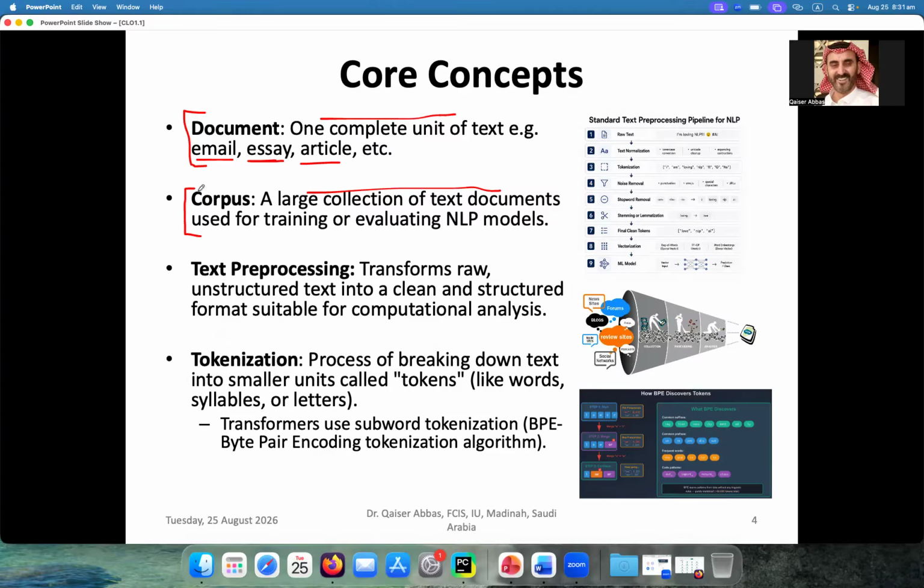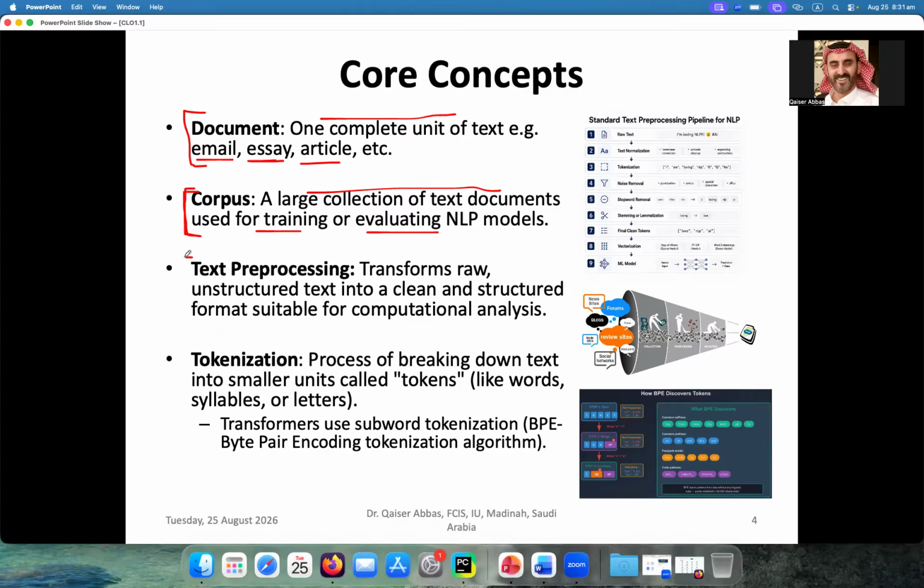And we normally use this corpus in our model for training and then for testing, and that testing is called evaluating. For the training or evaluation of the NLP model, we will use this corpus. Corpus is singular, corpora is plural. When you have multiple, I can say corpuses, but actually the word is corpora. For understanding, I am saying corpuses, but actually the word is corpora.